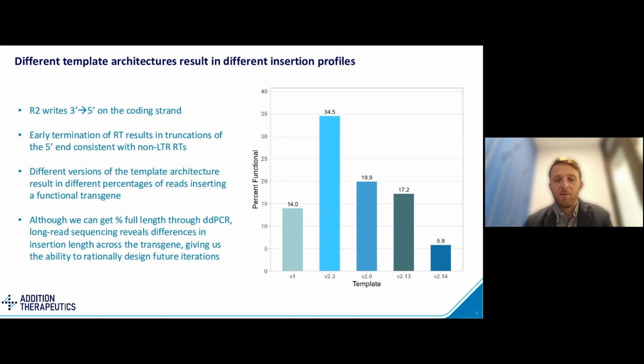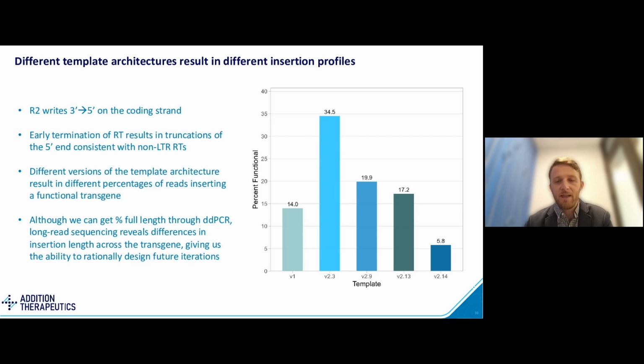This was an experiment we did looking at different template architectures for our template RNA. And what I want to remind you is that R2 is a non-LTR retrotransposon, so it writes 3' to 5', resulting in early termination, which we call truncations. And what we're measuring here is the percent of reads that actually make it past the promoter and are therefore functional when integrated into the genome.